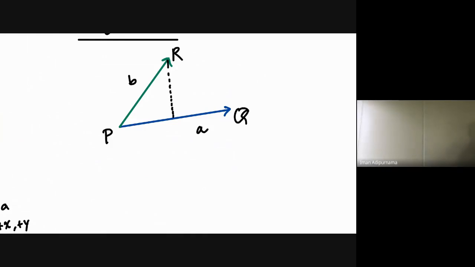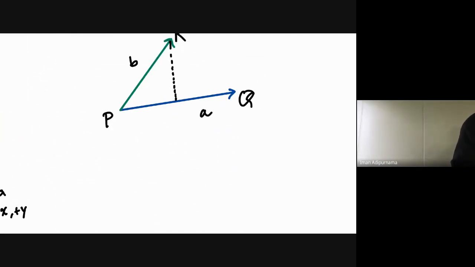But in these projections, we have two things. First, we can project only the value, so only the scalar value. That's the first one. Or we can project the vector itself. So let's say we have the component here.